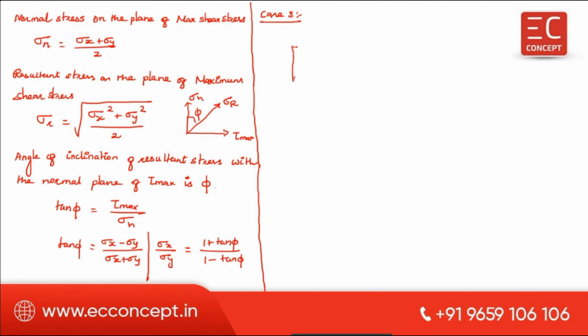There is an element. In that element there are two uniaxial forces, sigma x, sigma y, sigma x, sigma y, and there is a shear stress, which we can take as tau.